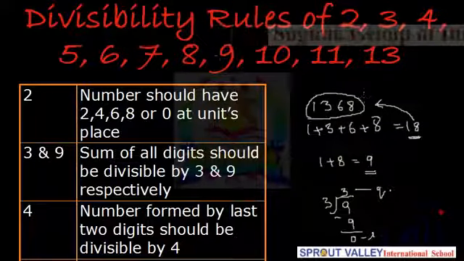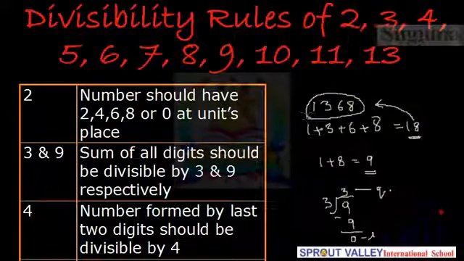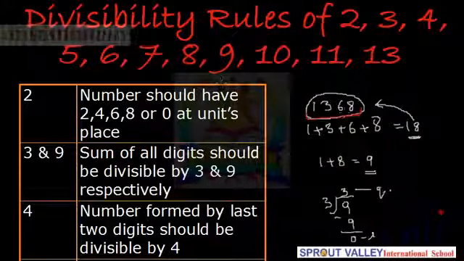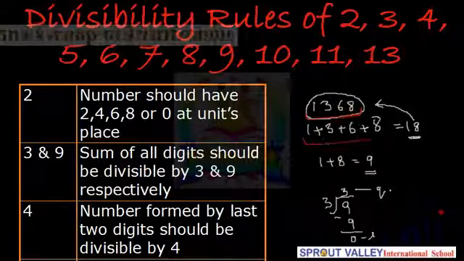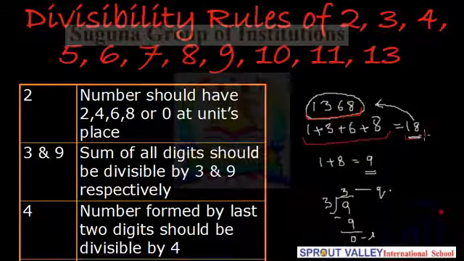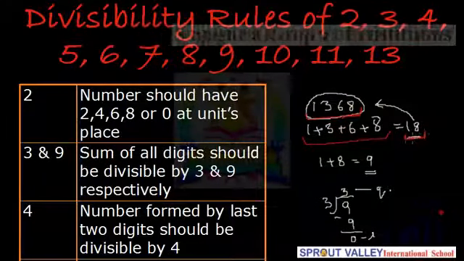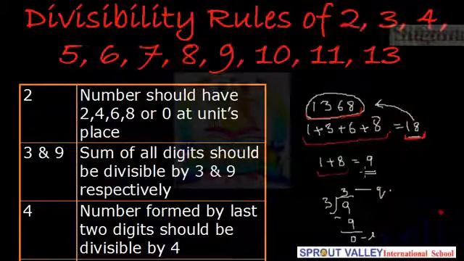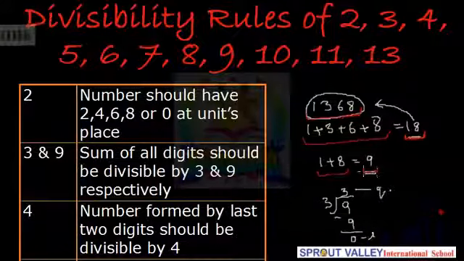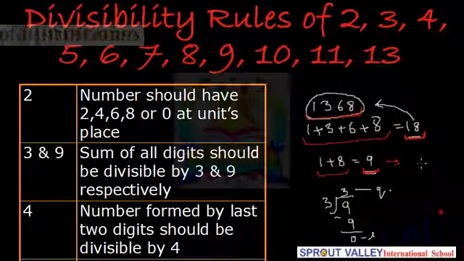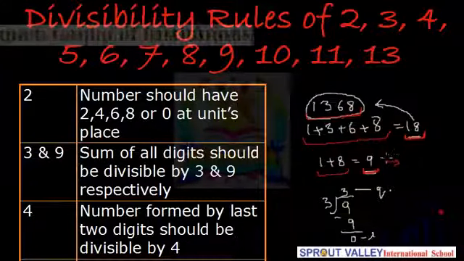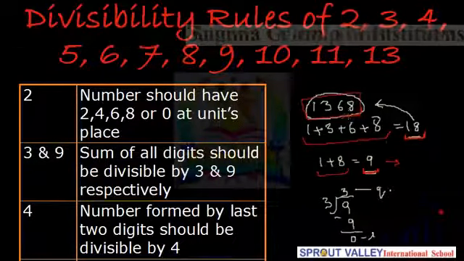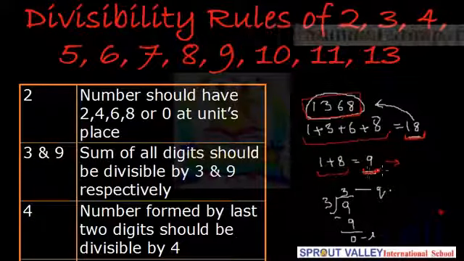So again we have to do the same things. 1368 is the original number and if it is divisible by 9, sum of its digits, which is 18, should be divisible by 9, right? And if this 18 is divisible by 9, sum of its digits again should be divisible by 9 and sum of its digits gives us 9 and any number is divisible by the number itself. This proves that 1368 is divisible by 9 also, right?